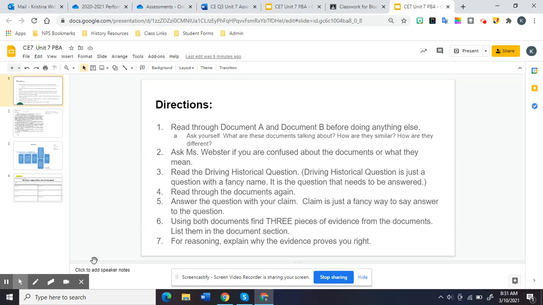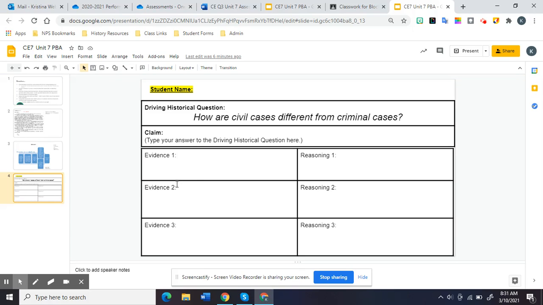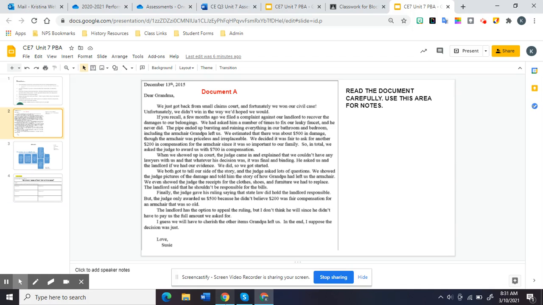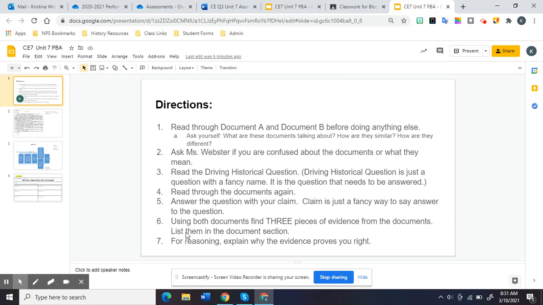So using both documents, find 3 pieces of evidence from the documents. List them in the document right here. Then, for reasoning, explain why the evidence proves you're right. So the evidence is going to be a direct quote or piece of information.